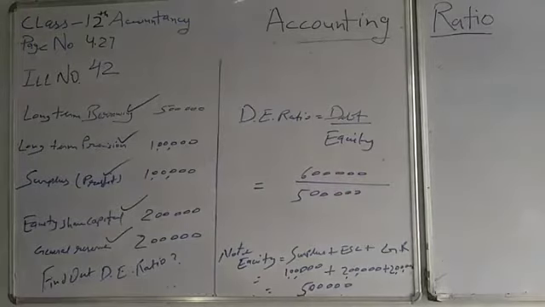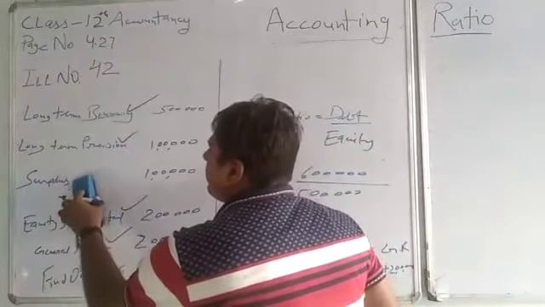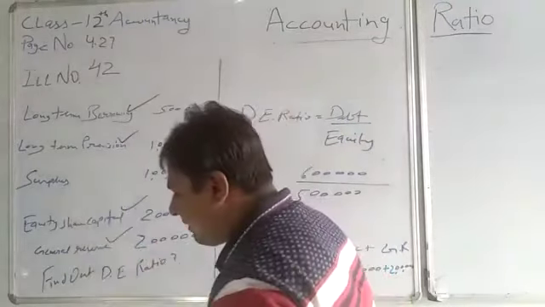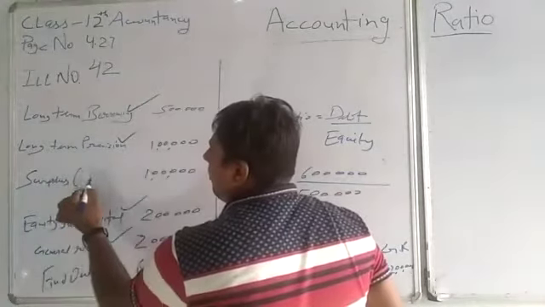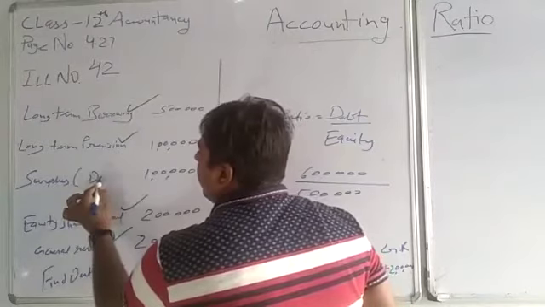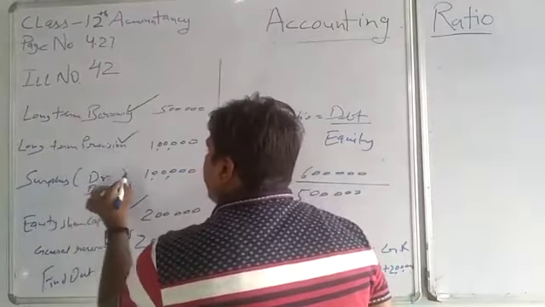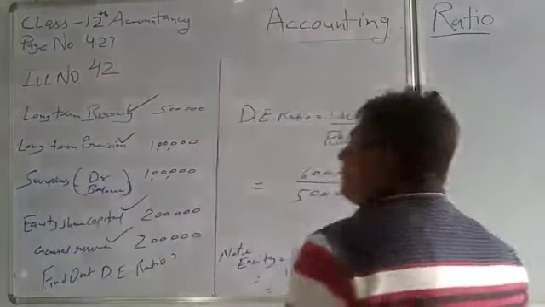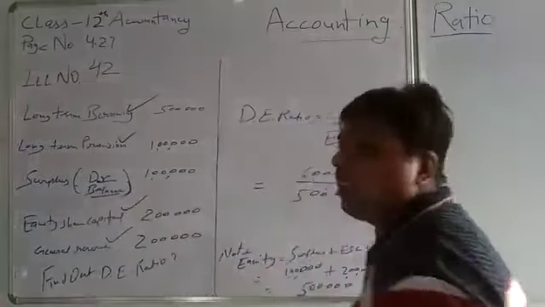Now, we can do this question by one more method. Sorry, we have to take care of something in this question. If the question says that surplus has a debit balance, DR balance, then something will be changed.